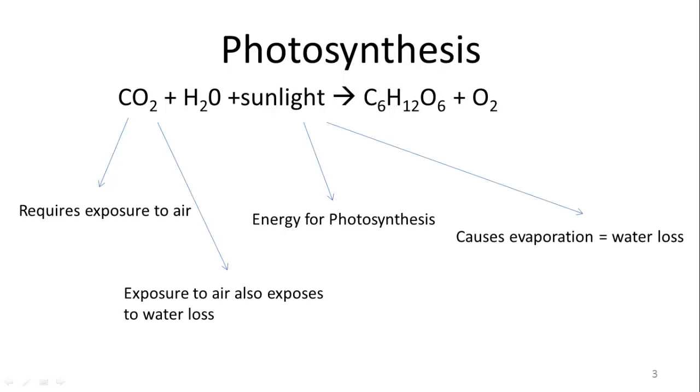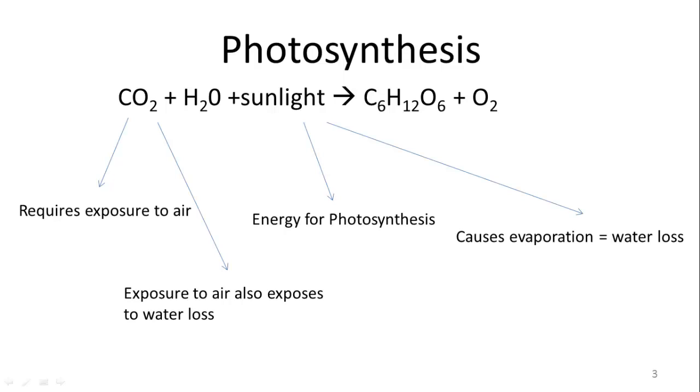Exposure to the air, however, also exposes the plant to water loss and dehydration. And sunlight, which has energy, also causes water to evaporate. So you also have water loss. This then is the balance that plants have to deal with. Photosynthesis, however, is the way that plants get energy.